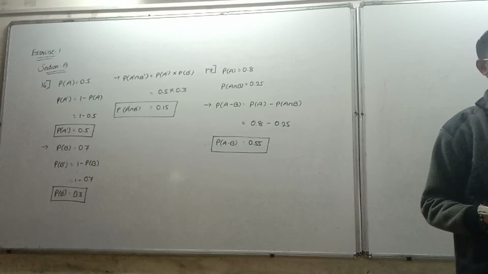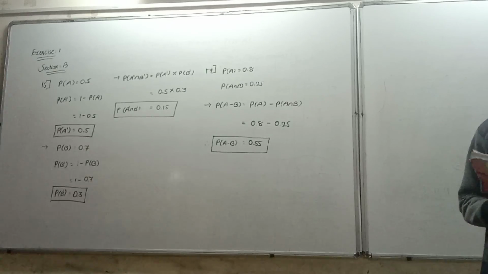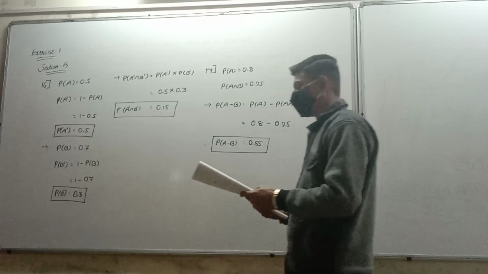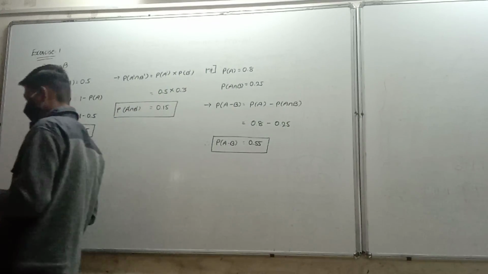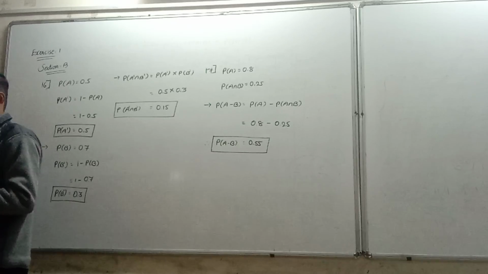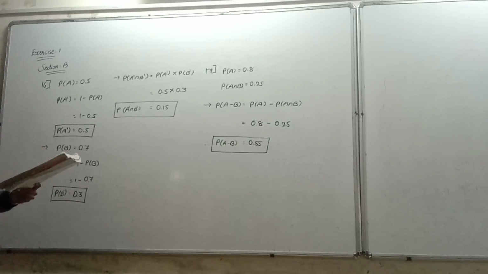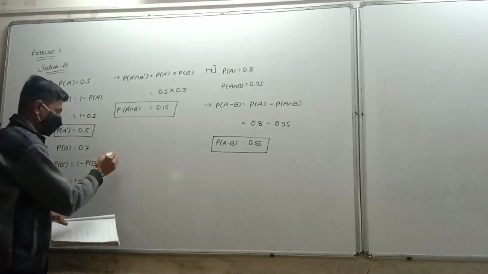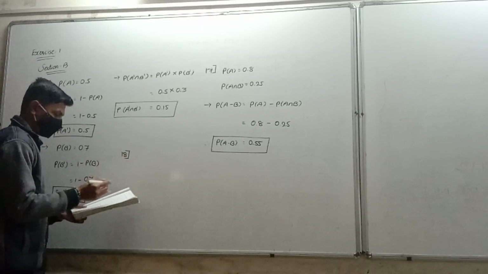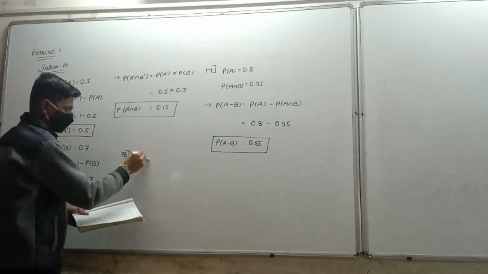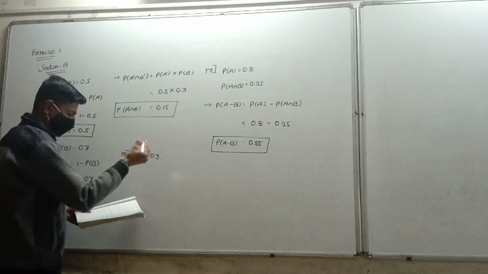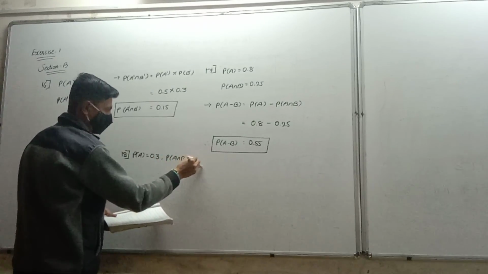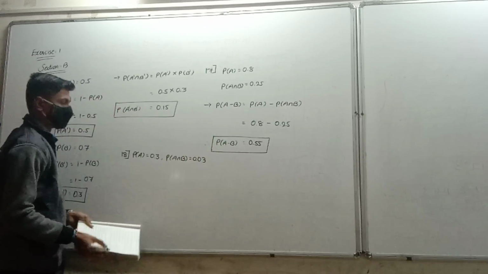Next, question number 18. P of A is equal to 0.3 and P of A intersection B is equal to 0.03, then find the P of B given A event. Okay, look at question 18. P of A is 0.3 and P of A intersection B is 0.03.